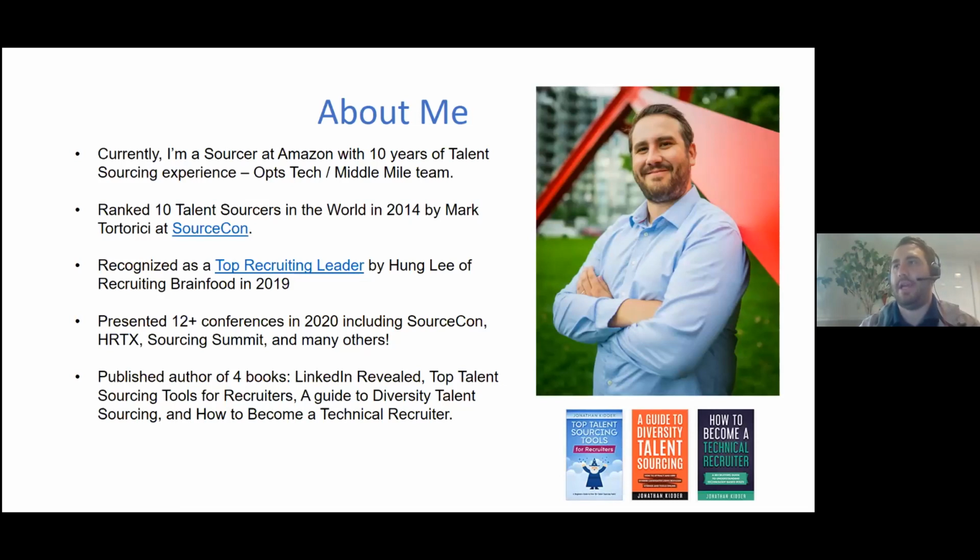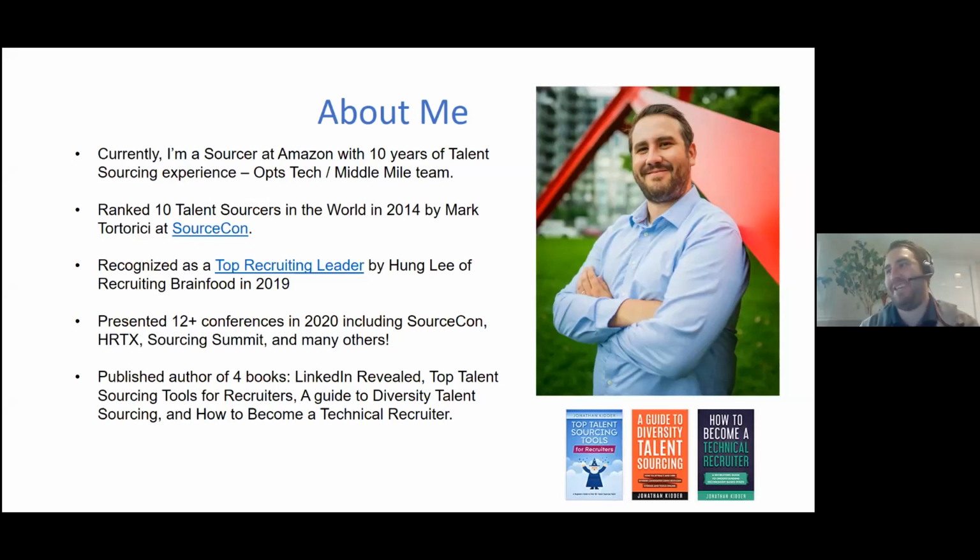At SourceScan, I was ranked a top 10 sourcer by Mark, the lead editor there, and I was ranked a top recruiting leader by Hung Lee back in 2019. Last year, 2020, I presented at around 12 different recruiting conferences globally, so it was a busy year for me.